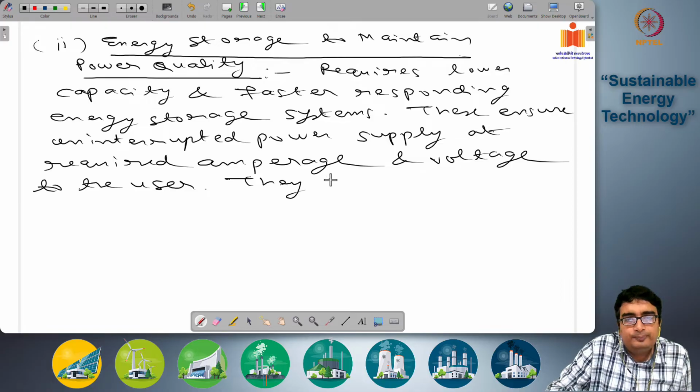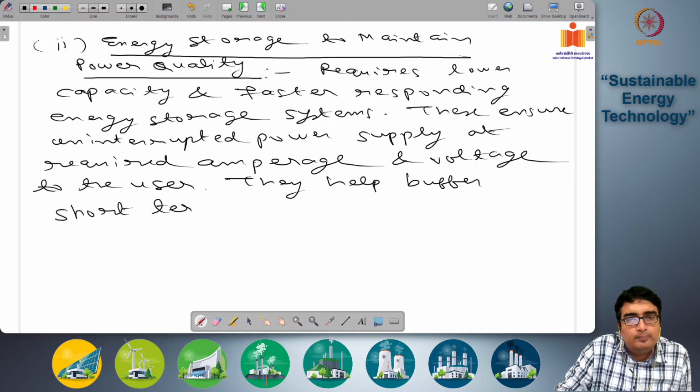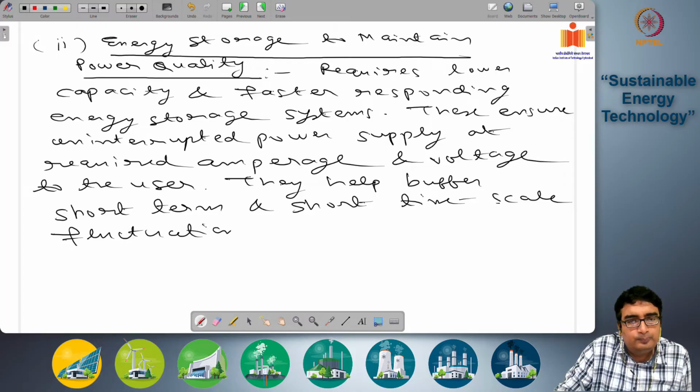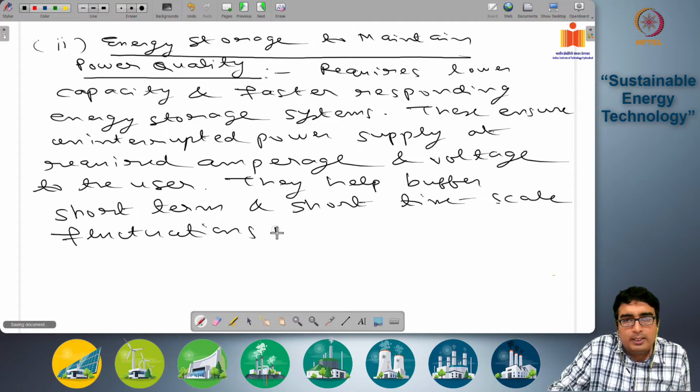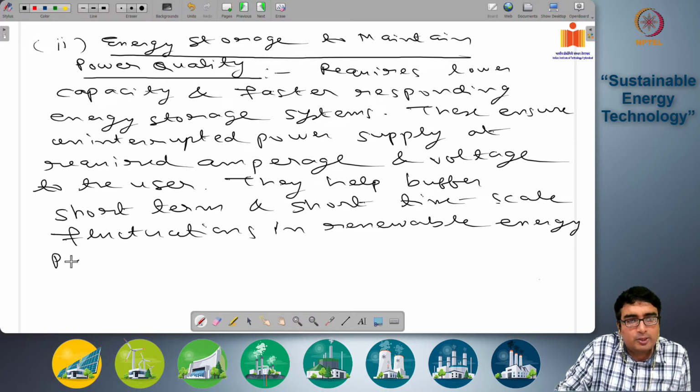They help buffer short-term, short time scale fluctuations in renewable energy production.